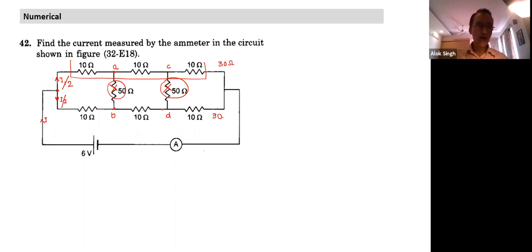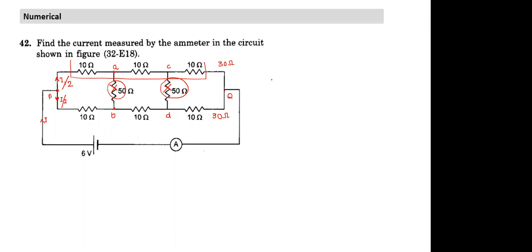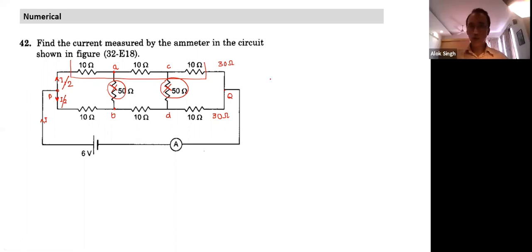If I call these points P and Q, what is the resistance between P and Q? 15 ohm. So the equivalent resistance between P and Q is 15 ohm. Hence the current will be equal to that, which is the current that will flow.